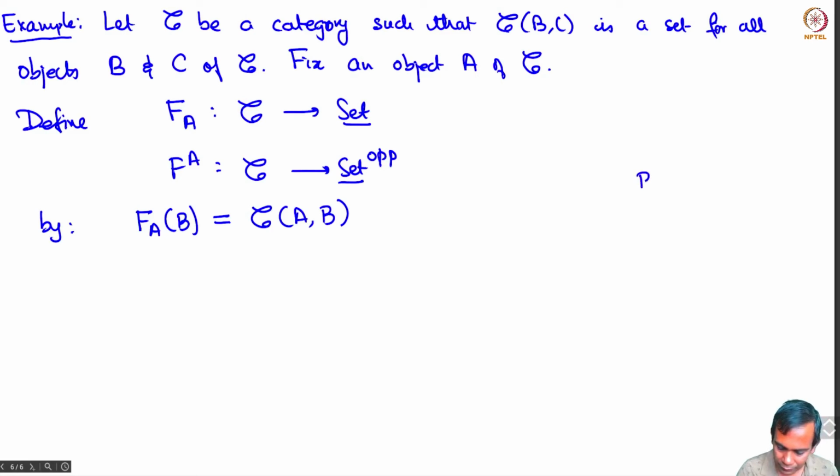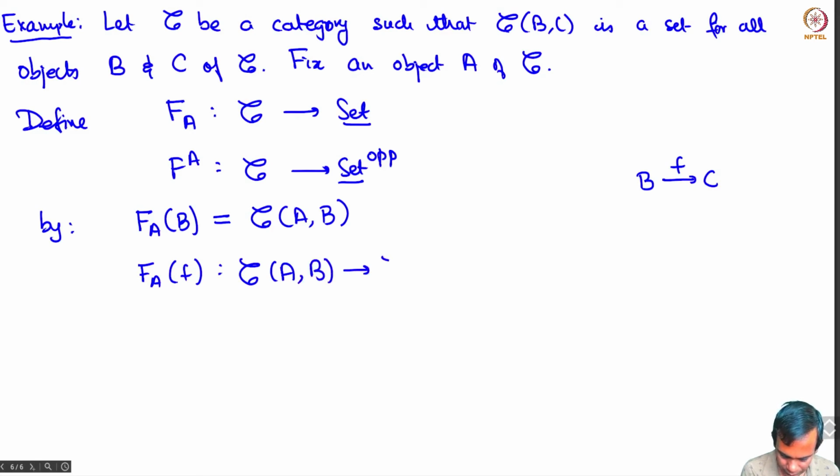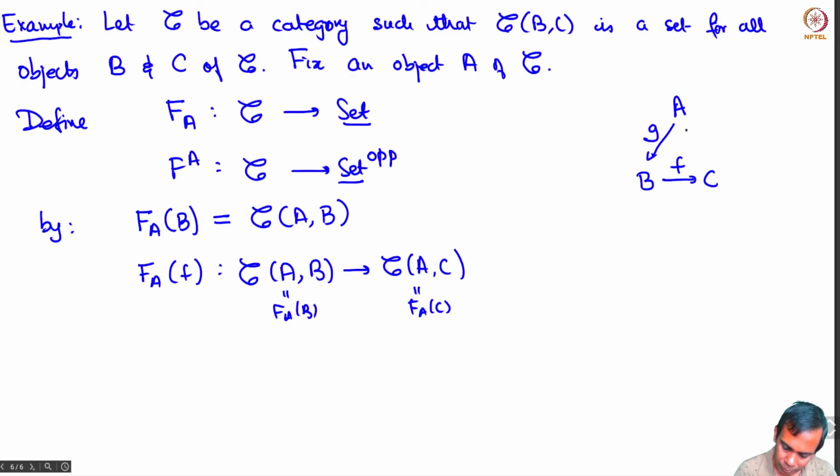So suppose now I have F from B to C, then this should be a function from F_A of B to F_A of C. So I need to define a function from F_A of B to F_A of C. So if I have an arrow G from A to B, I need to somehow construct an arrow from A to C, and there's only one way to do that, which is to take F circle G.